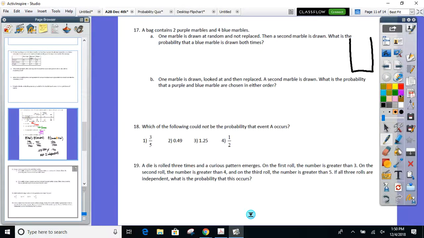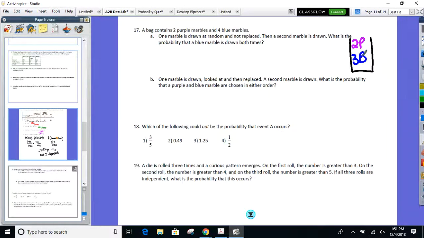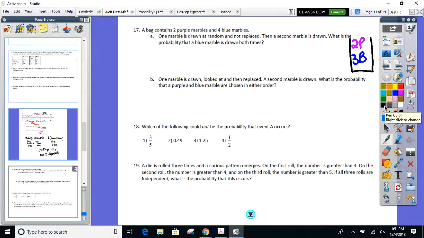Two purples, 3 blues. All right, not too many. One marble's drawn and it is not replaced, and then the second one's drawn. What's the probability that you get a blue both times?